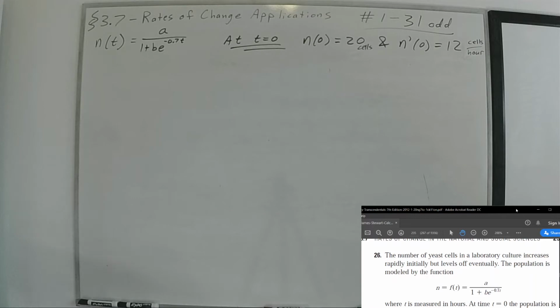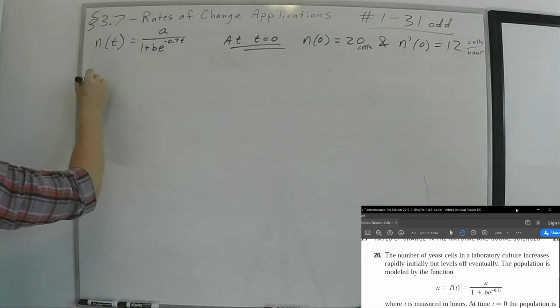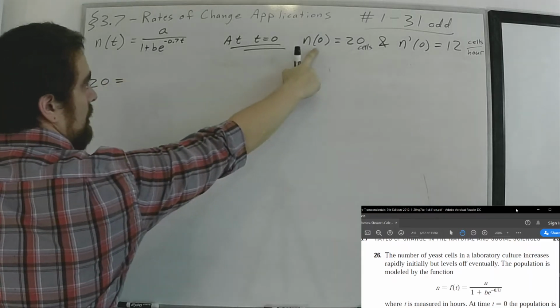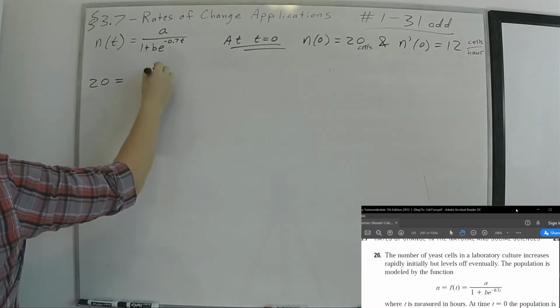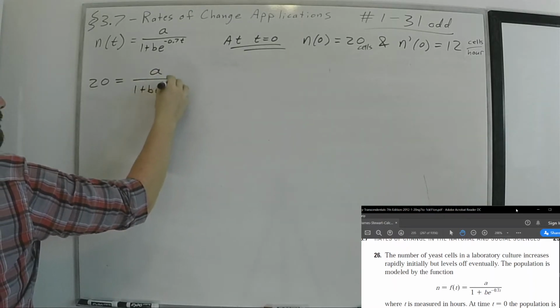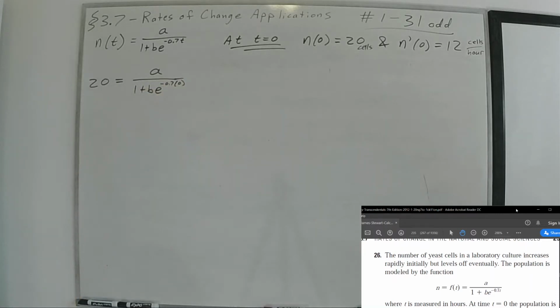Well, let's start by taking that function, n of t, and setting it equal to 20 when I plug in t equals 0. All right, so I just plugged 0 in for time t.